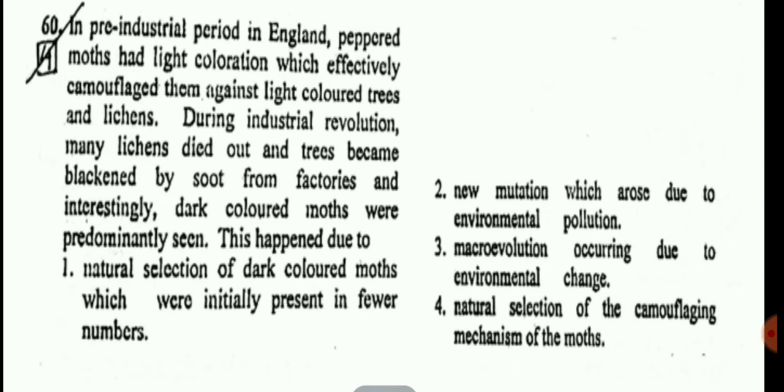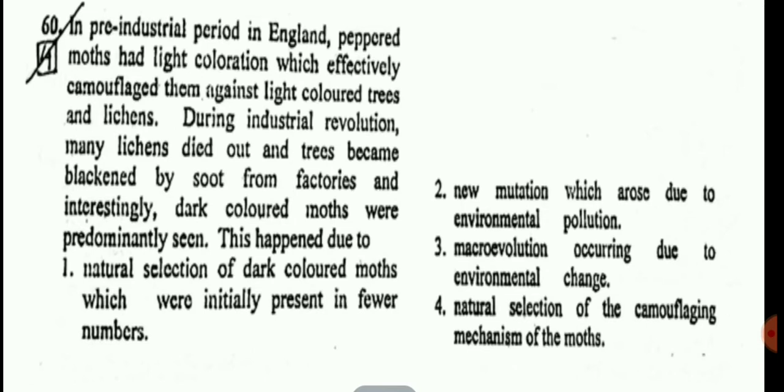Okay. Second option, new mutation which arose due to the environmental pollution. Third option, macroevolution occurring due to the environmental change. Fourth option, natural selection of camouflaging mechanism of moths. Is it the correct option? No, there is no camouflaging mechanism.